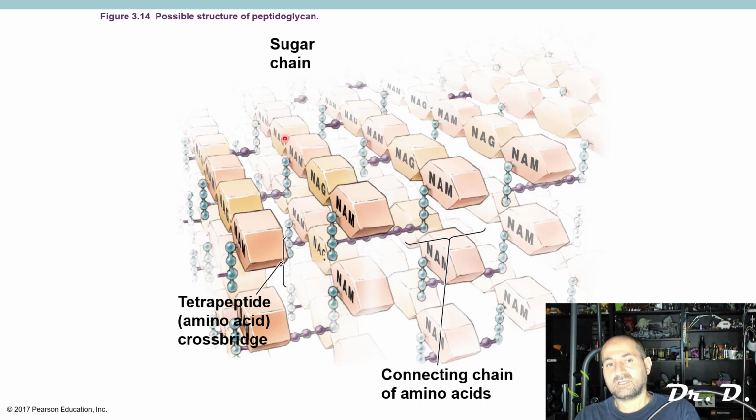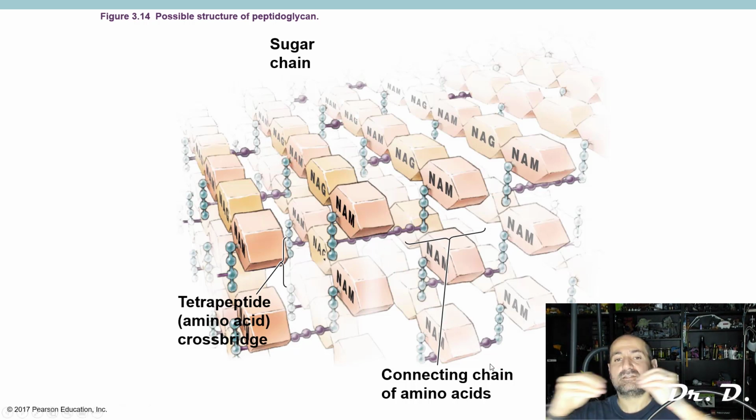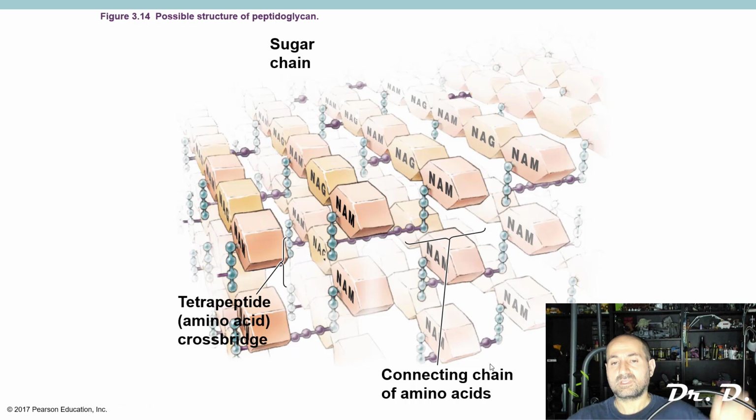So you have NAG, NAM, and you have long chains of NAG and NAM. And these parallel chains, you see this is a chain, here's a parallel chain, here's a parallel chain. Notice how the parallel chains link to one another. See, this NAM has a peptide chain which is cross-linked.